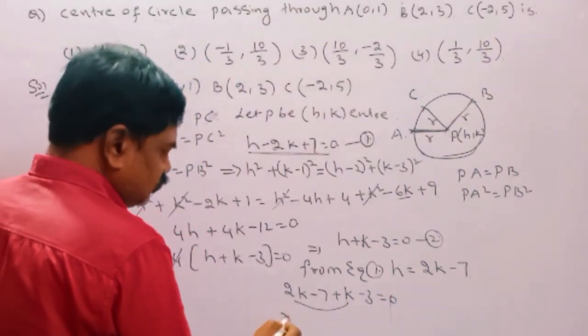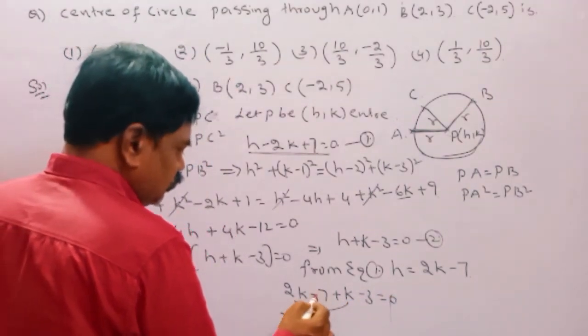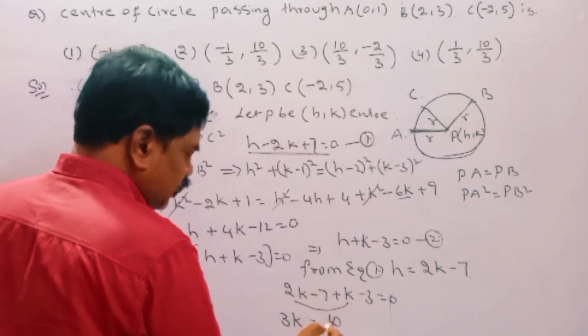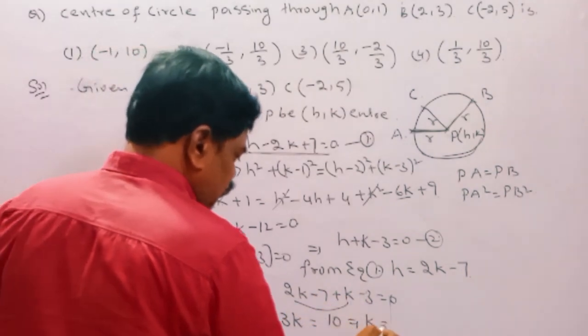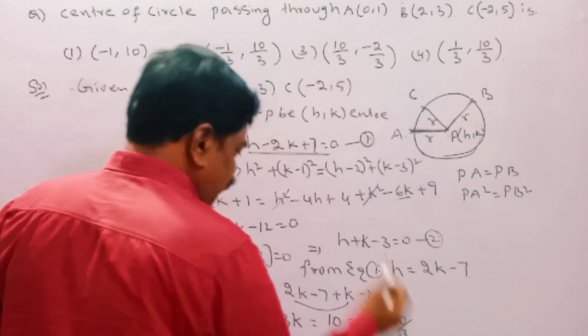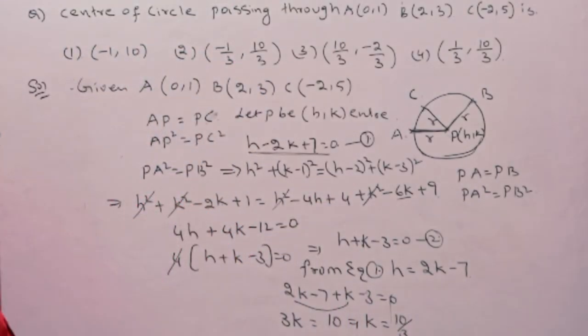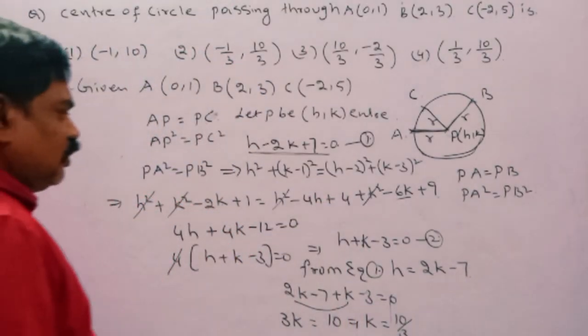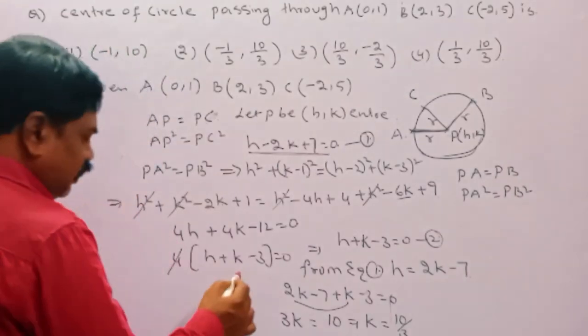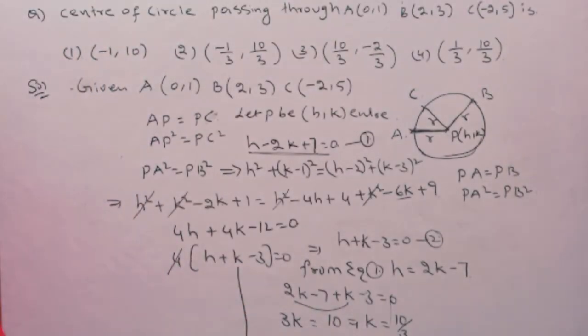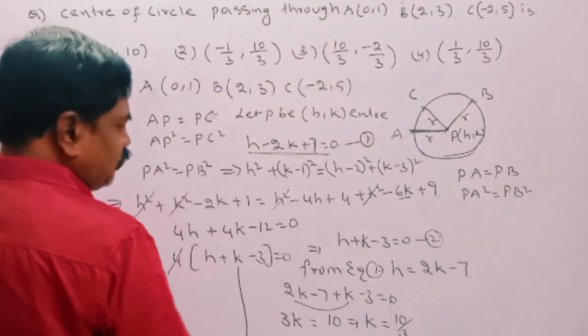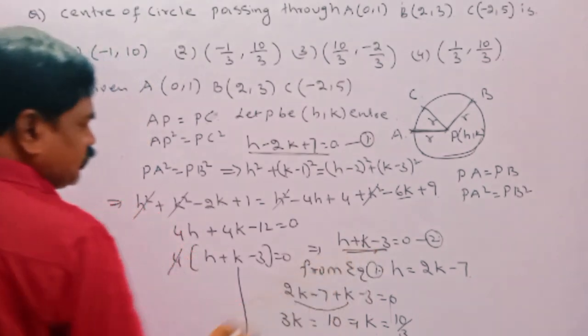This is 3K equal to 7 plus 3, that is 10. So K is equal to 10 by 3.